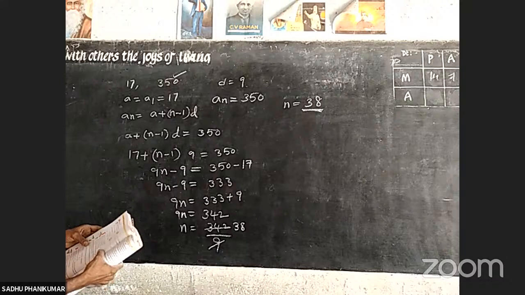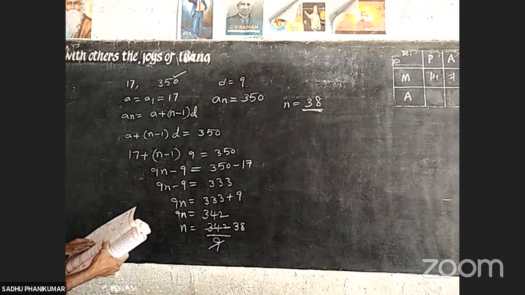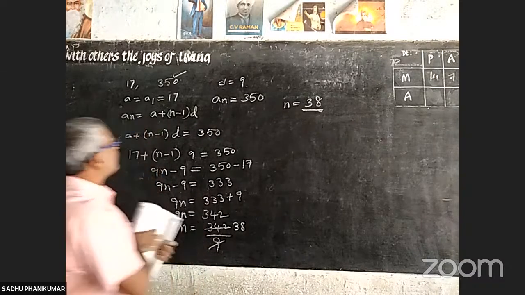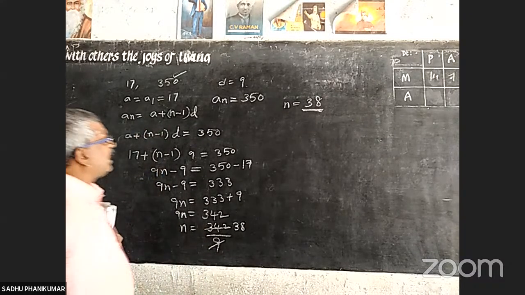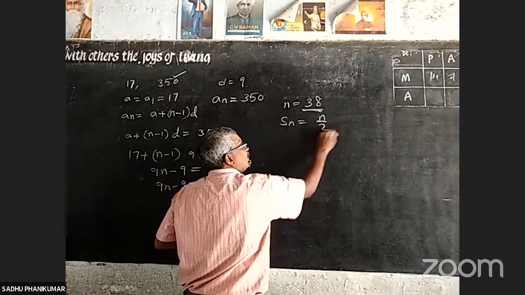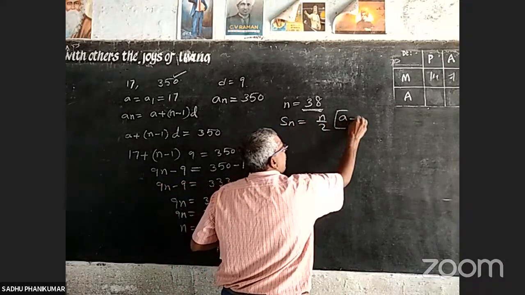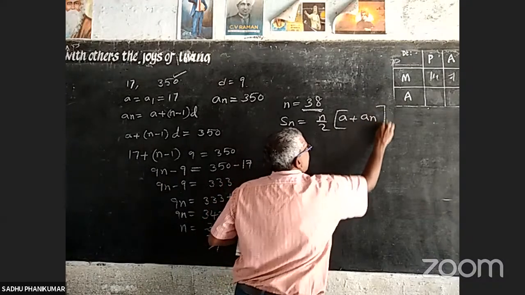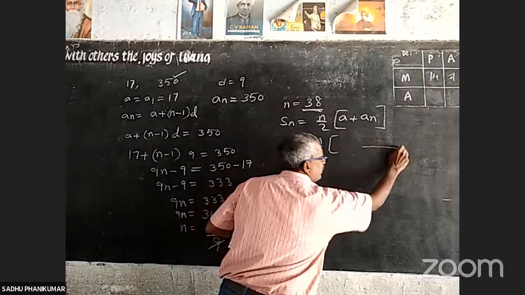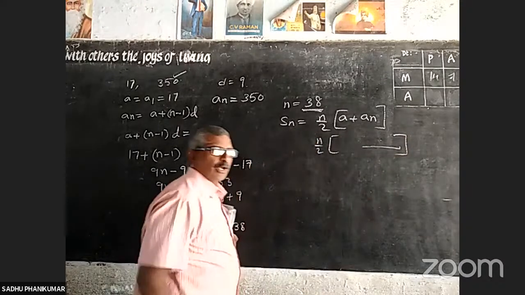How many terms are there and what is their sum? n is there. Now we have to find the sum also. Sn is equal to n by 2 into a plus an. That you can apply, or n by 2 into 2a plus n minus 1 into d. That you can apply. Okay, no problem.